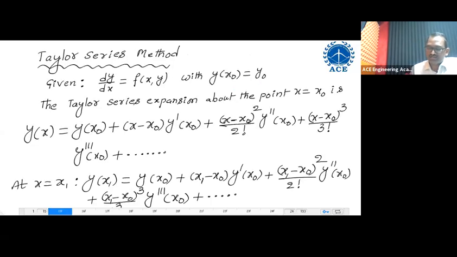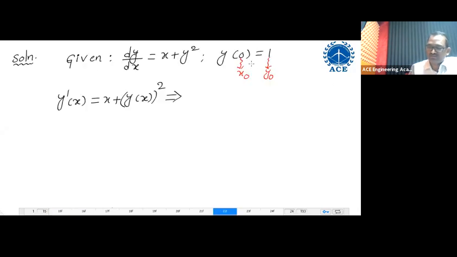So we need y dash of x naught. What is the x naught value? 0. y dash of x naught means y dash of 0 is equal to 0 plus y of 0 whole square, which means 1 square.